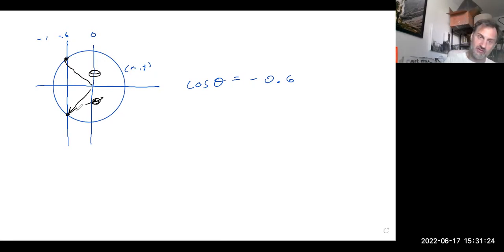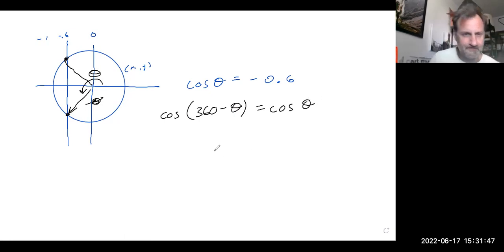But if I go the other direction, negative theta, then I'll also need a place, and it'll be a different point. Now, if I want to talk about it in terms of a positive angle, it's just 360 minus theta. So we have this fact. The cosine of 360 minus theta is equal to the cosine of theta.